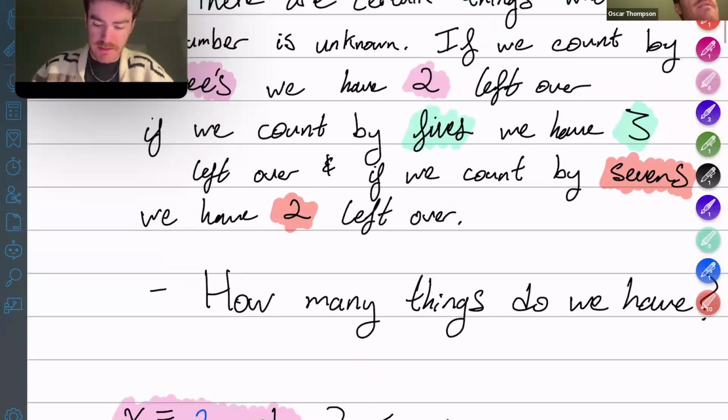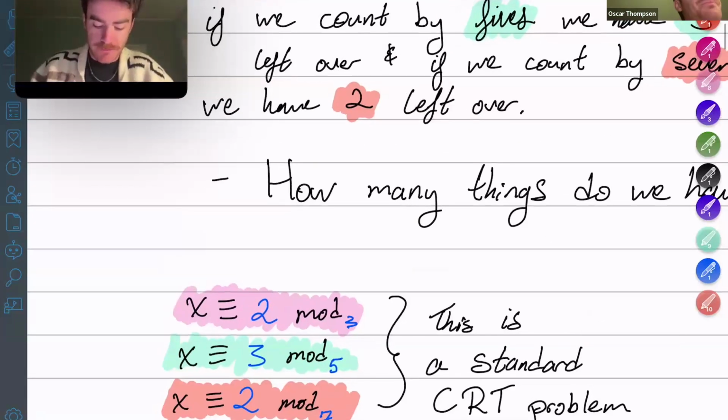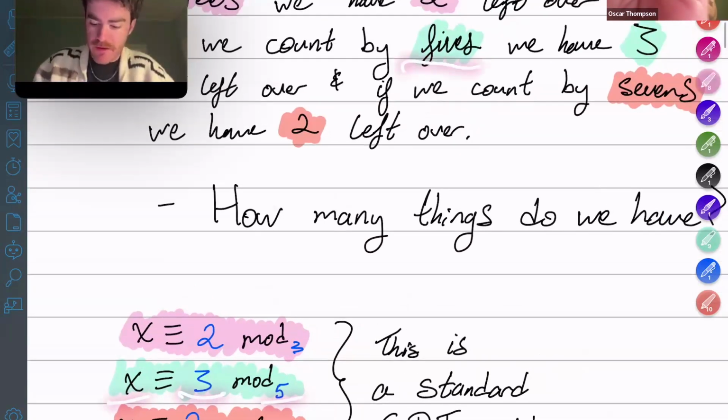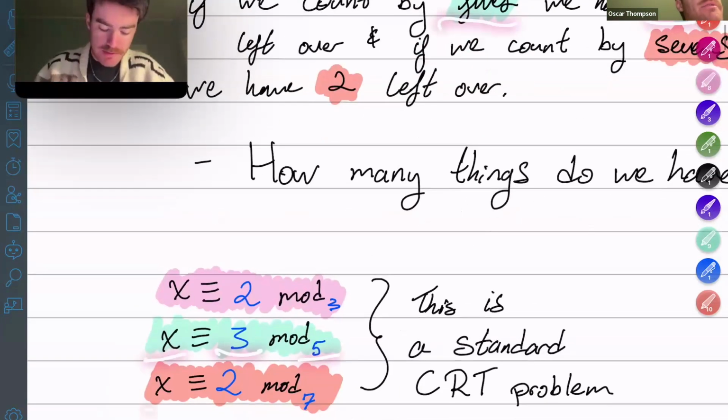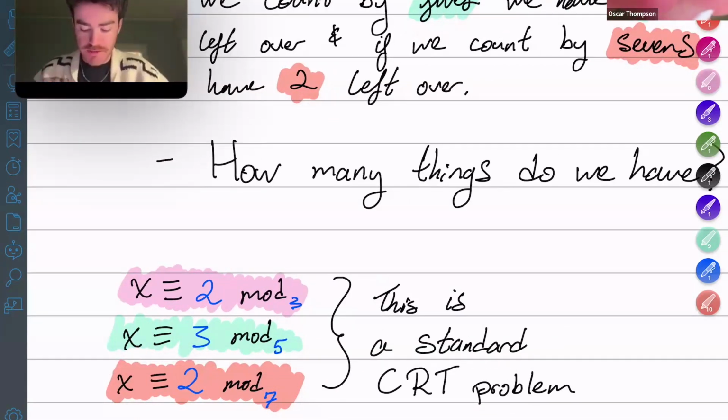That's like saying when we count by 3's, we have 2 left over. x is also congruent to 3 mod 5. When we count by 5's, we have 3 left over. And x is congruent to 2 mod 7. That's when we count by 7's, we have 2 left over. So that's a standard Chinese remainder theorem problem.